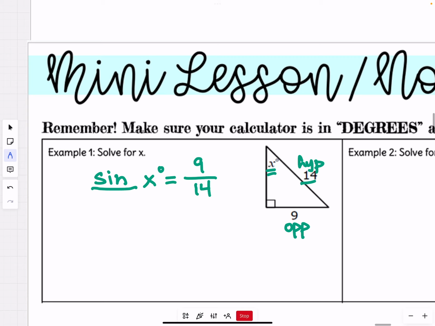Okay, now again, since I want to undo the sine or get rid of the sine and just have x, what I'm going to do is take the sine inverse of the left-hand side and the sine inverse of the right-hand side.